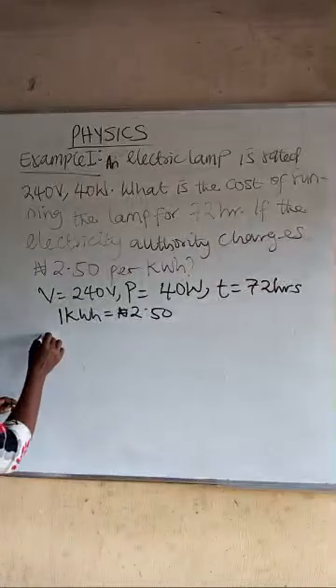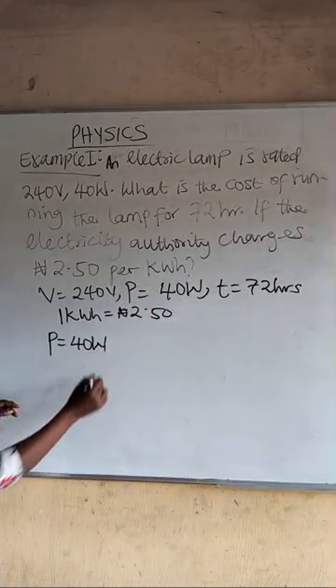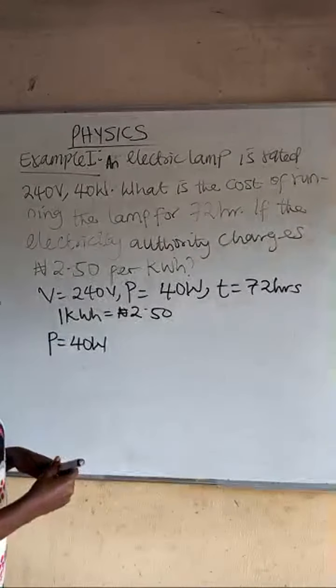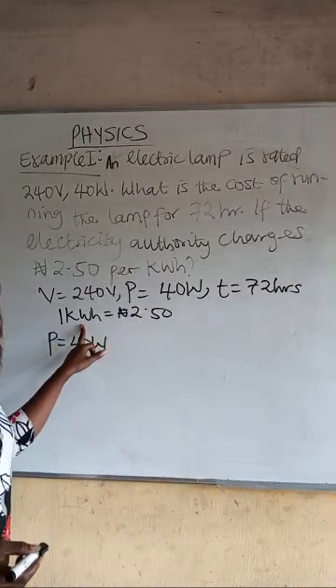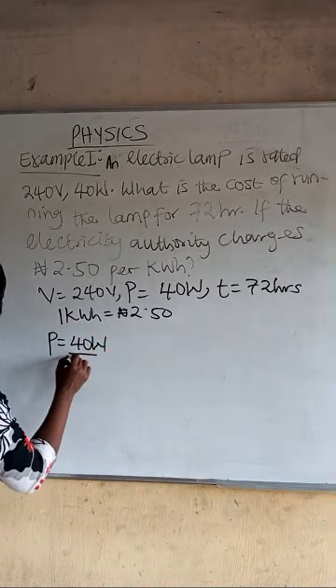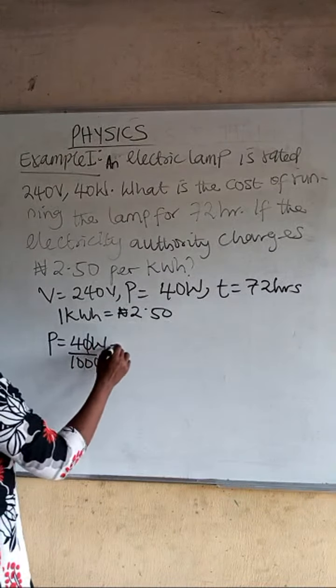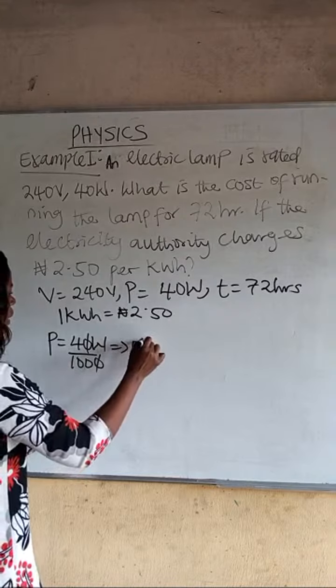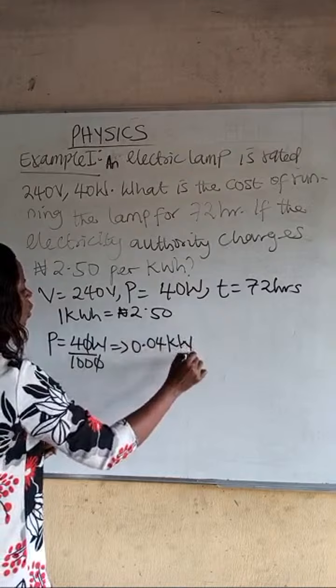Our power is already given as 40 watts. I need this power in kilowatts, so I divide by 1,000. That gives us 0.04 kilowatts.